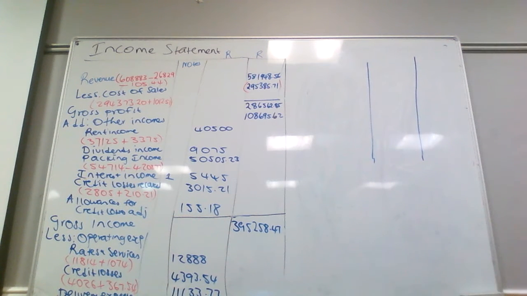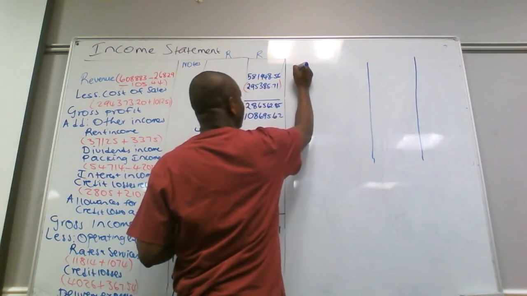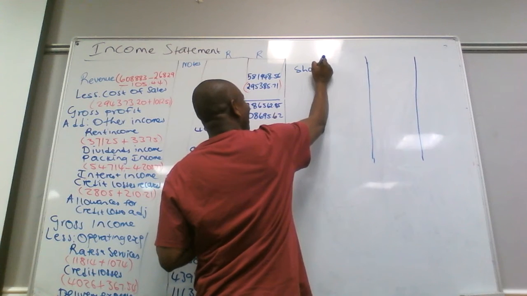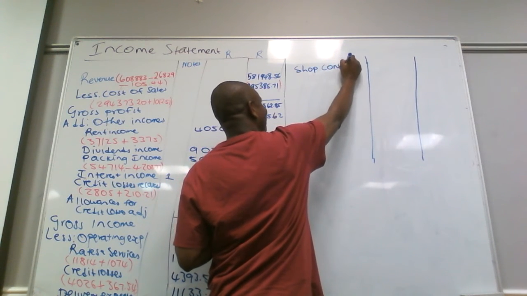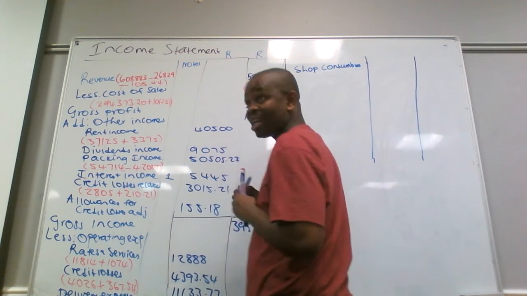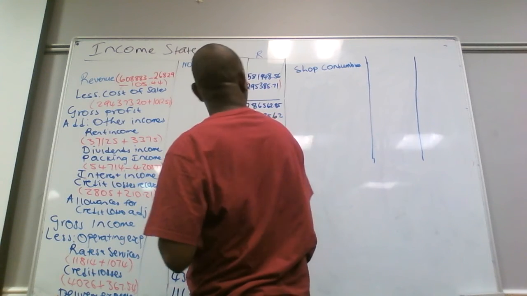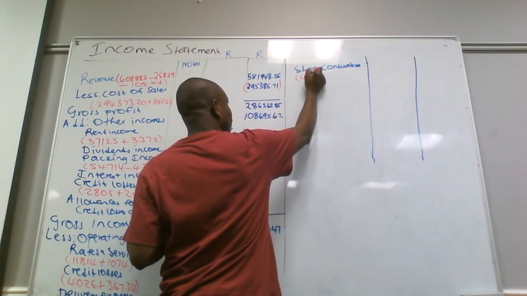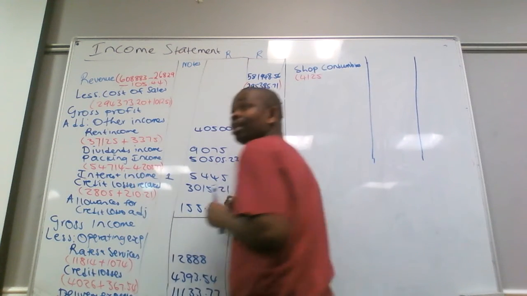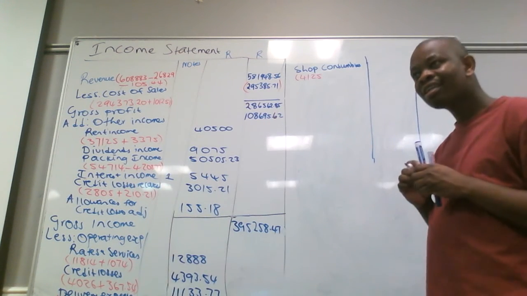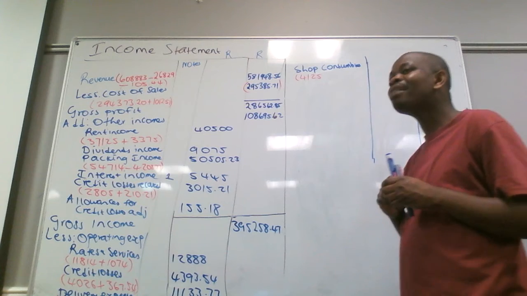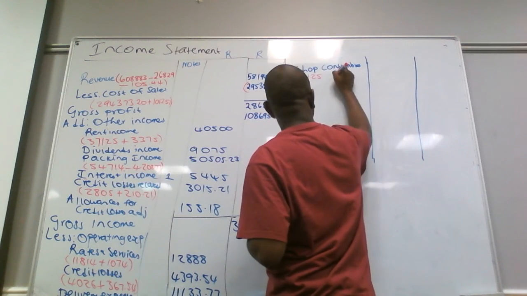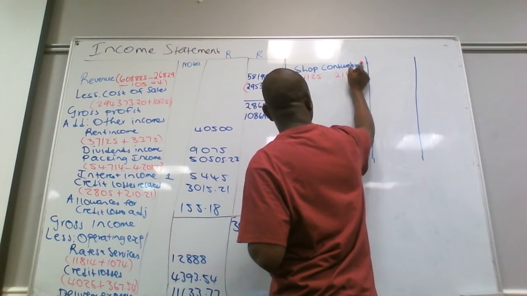Now, give me the next expense. Shop consumables. Number 12. If you say number 12, I already want my bracket. Give me the balance first. 4125. I remember I mentioned this thing of on hand. 2,145.